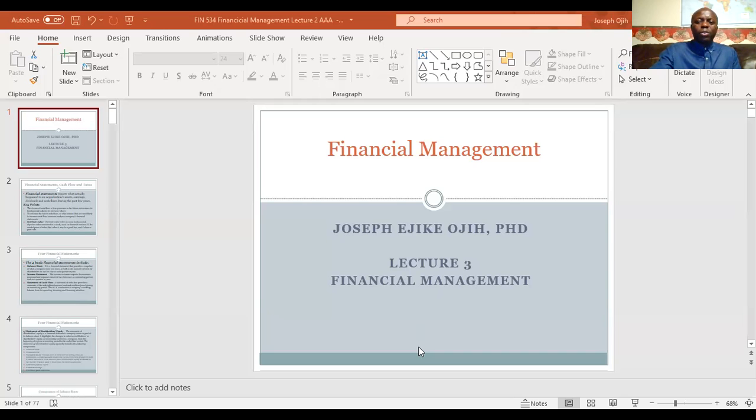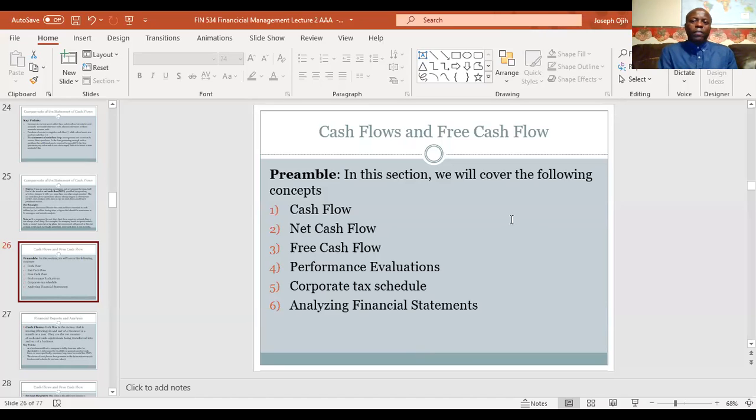So let us begin. Starting from today and in the coming weeks, we'll be looking at cash flow, net cash flow, free cash flow, performance evaluations, corporate tax schedules, and analyzing financial statements. For today, we'll be looking at cash flow, net cash flow, and free cash flow.